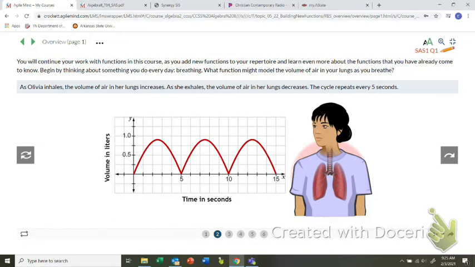So if you look from here to here, then here to here, and then here to here, Olivia is inhaling, okay? Now, when she exhales, it goes down, okay? So, just sketch that graph for me on number 1.